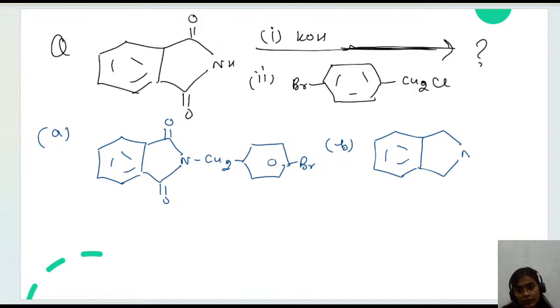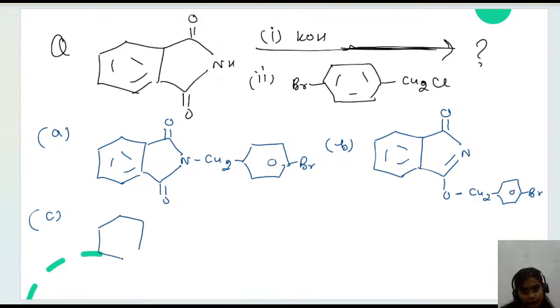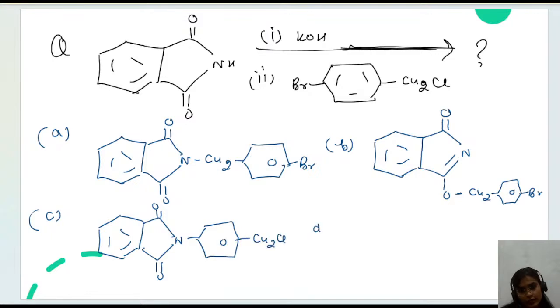So it is a nitrogen and a double bond. Okay, nitrogen, oxygen, CH2, benzene and Br. Option number C, double bond, CH2Cl.